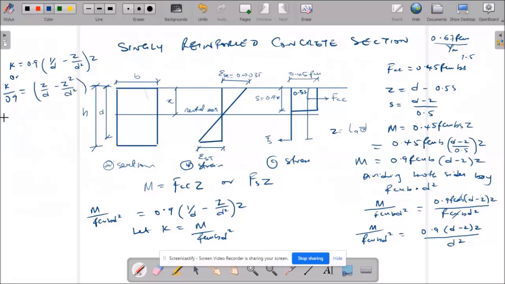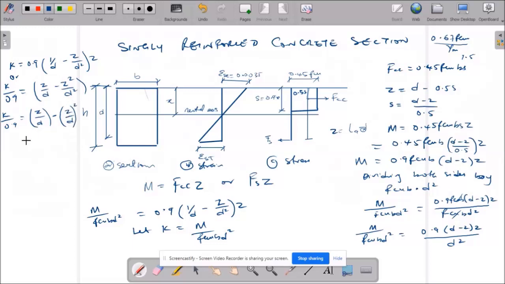So this is still the same thing as K over 0.9 is equal to Z over D minus Z over D squared.